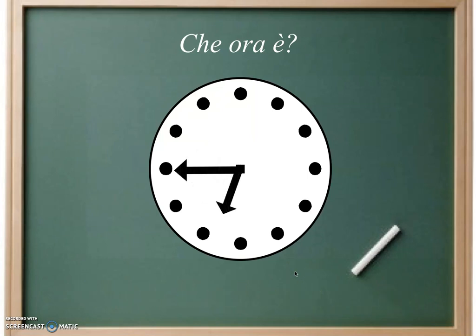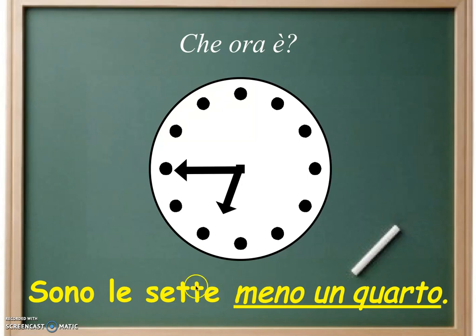Okay, and the next one. Sono le 7 meno un quarto. It is 7 minus a quarter of an hour, or 15 minutes. What is 7 o'clock minus 15 minutes? 6:45.